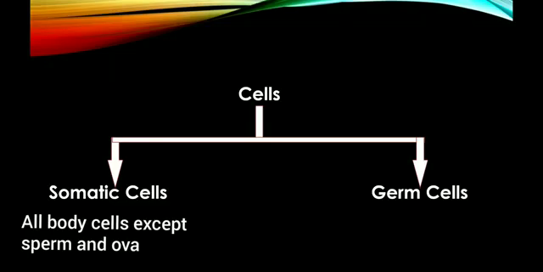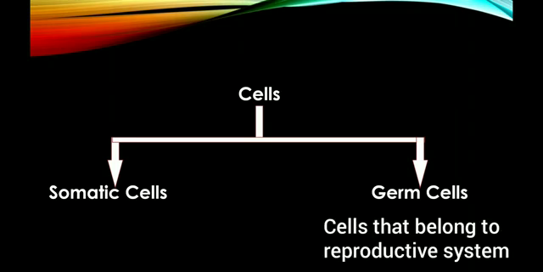So somatic cells are body cells except sperms and ova. Then the second one is germ cells. What is a germ cell? The cells that belong to the reproductive system are called germ cells. It includes sperm and ova.